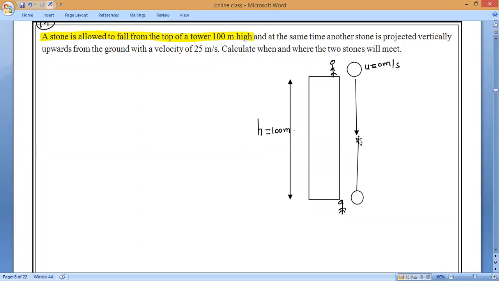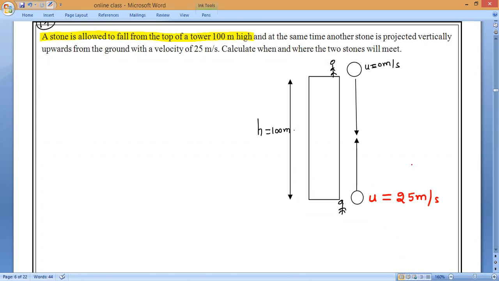It has been thrown upwards, so that is the initial velocity, which equals 25 meters per second.